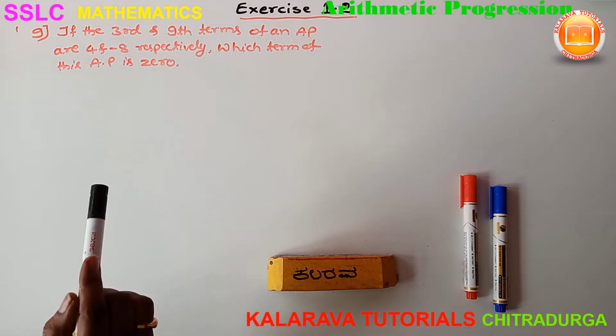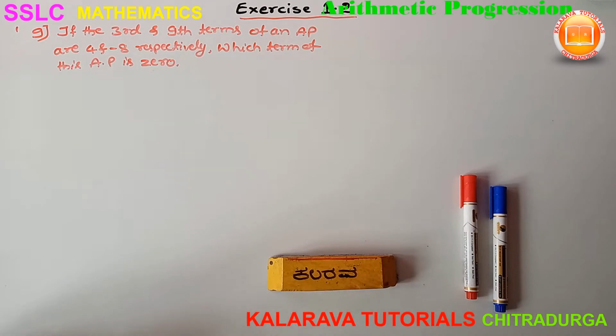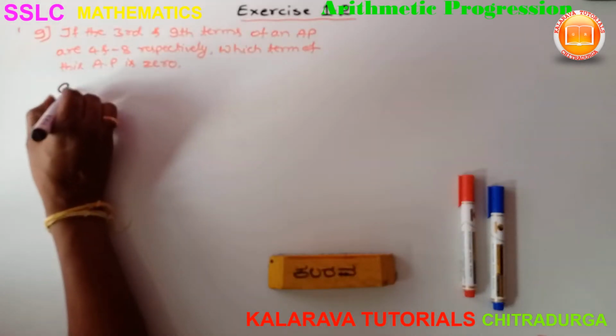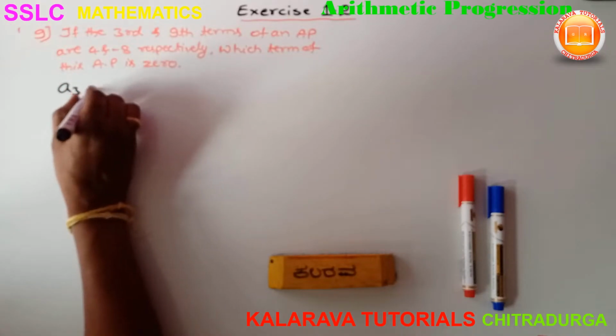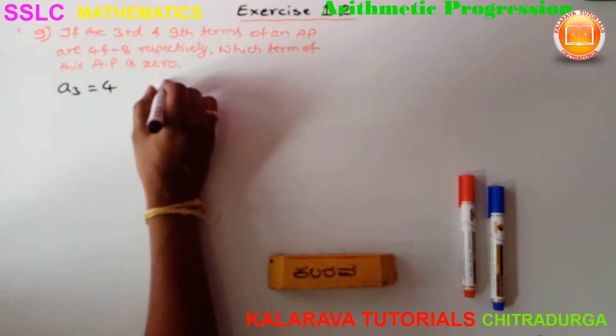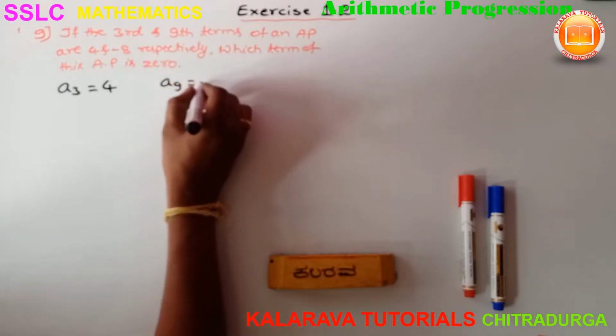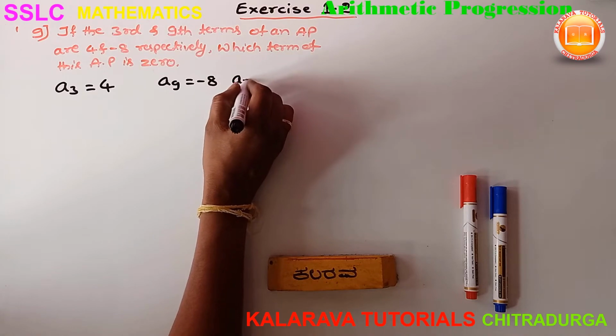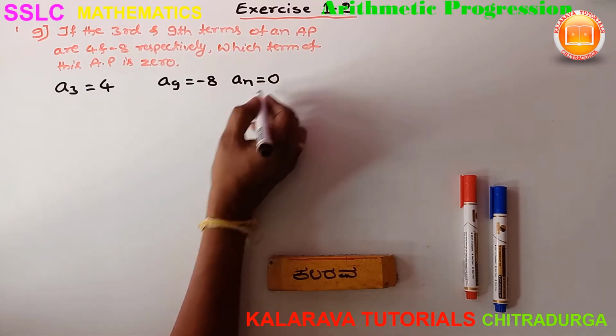So we have to find out the term which is 0 in the AP. Here they have given that the third term A3 is 4 and A9, the ninth term, is minus 8. So now we have to find out the nth term that is equal to 0.